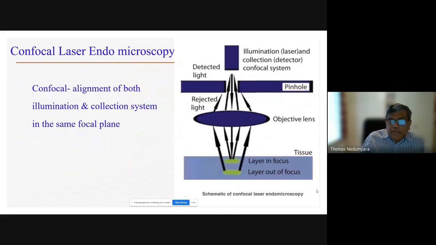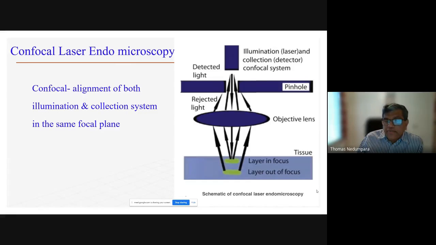A further development in diagnostic endoscopy is the use of confocal laser microscopy. Normally, we take a tissue sample when we do endoscopy and look under the microscope, but we call it biopsy or histopathology. The idea of this system is to do the same thing using laser.